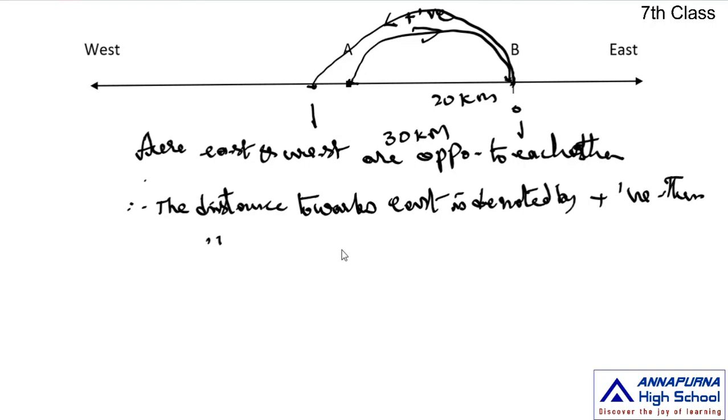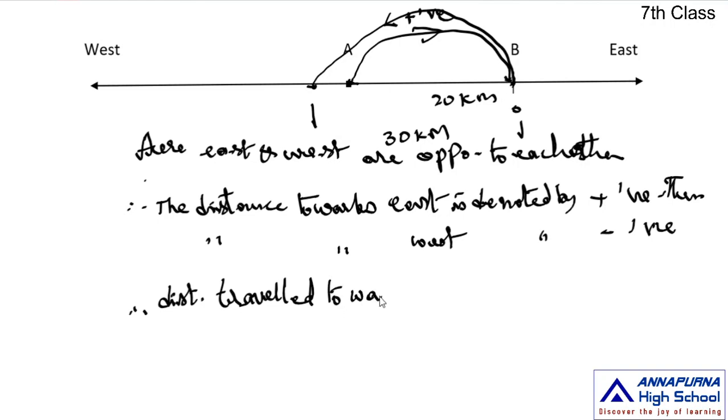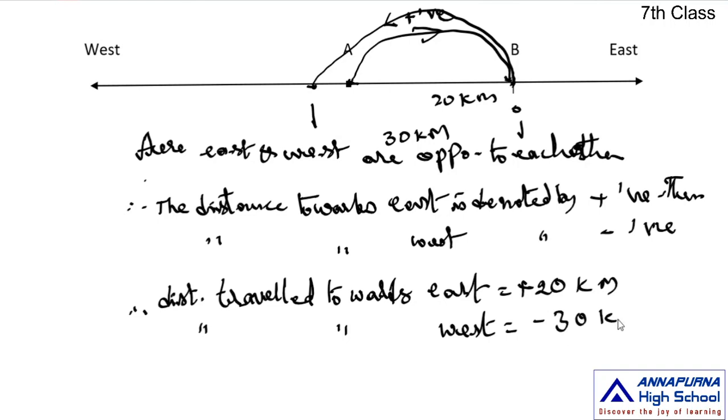Then the distance towards west is represented by negative sign. Therefore the distance traveled towards east is equal to plus 20 kilometers, and the distance traveled towards west is represented by minus 30 kilometers.